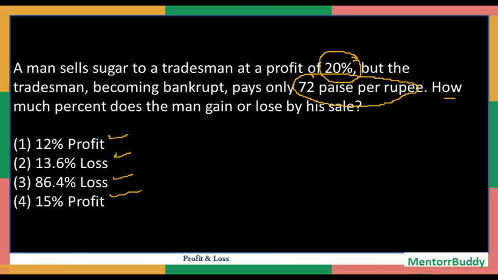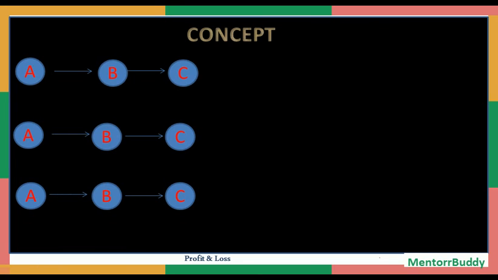Now, in order to solve these kinds of questions, we need to understand the successive addition of percentages. Coming directly to the concept now. Here we can see there are three people, A, B and C. I have taken multiple cases of the three of them.